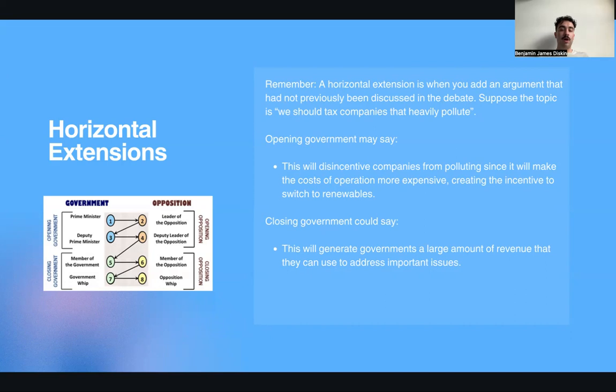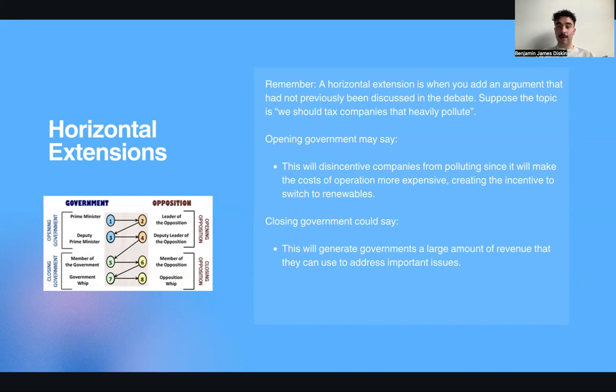Instead, at closing government, you might argue that this will generate governments a large amount of revenue, and they can use that to address important issues. And you might extend that to things beyond the environment, things like healthcare, things like the economy. So a good way to think about whether or not to run a horizontal extension is to think, can I come up with a more important argument than what my opening has discussed?